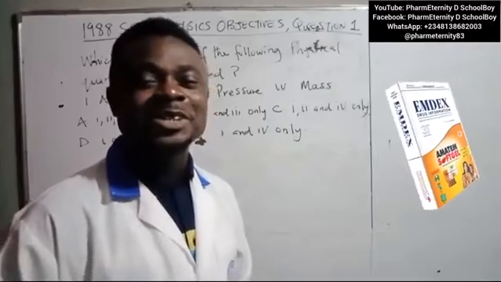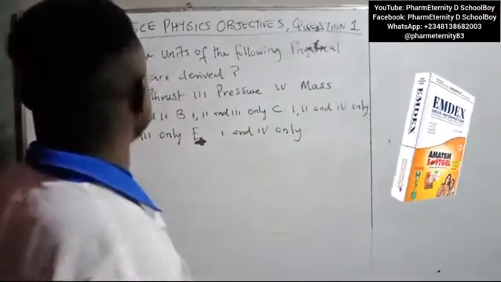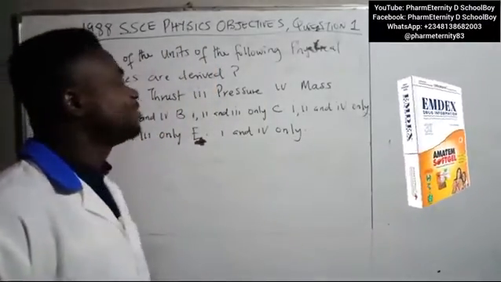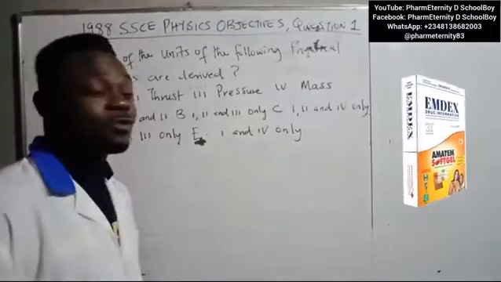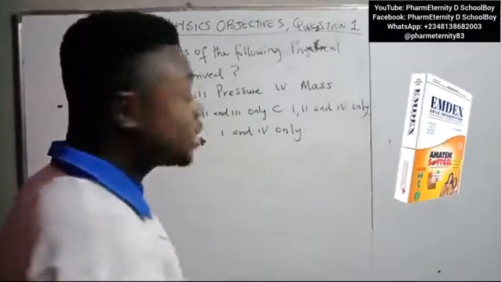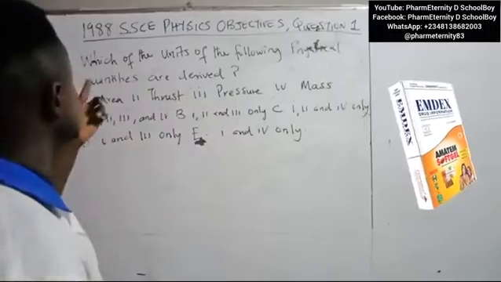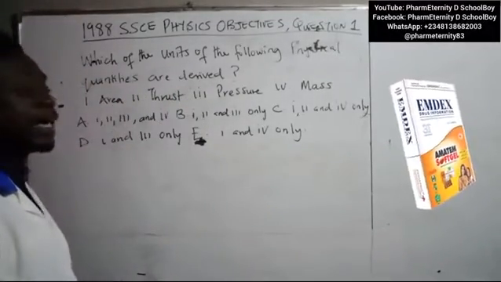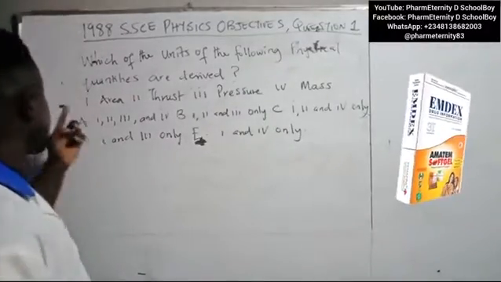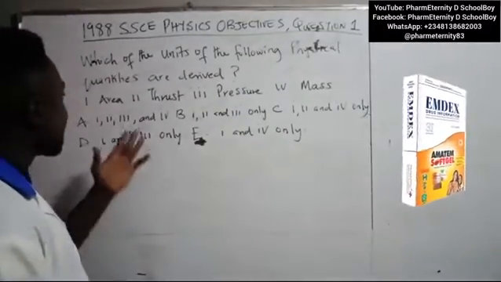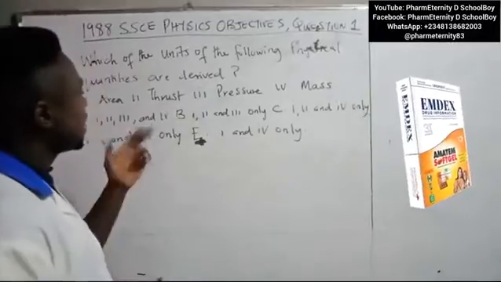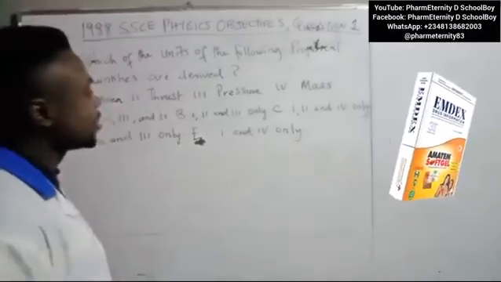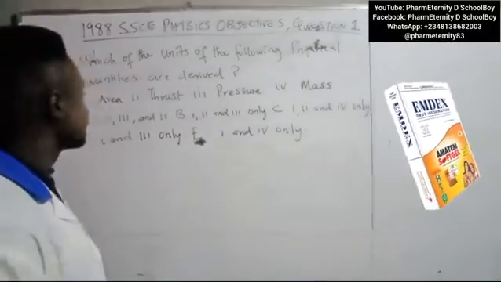Today we are going to take a look at 1988 SSCE Physics Objectives. Question 1. The question says, which of the units of the following physical quantities are derived? I. Area. II. Thrust. III. Pressure. IV. Mass.